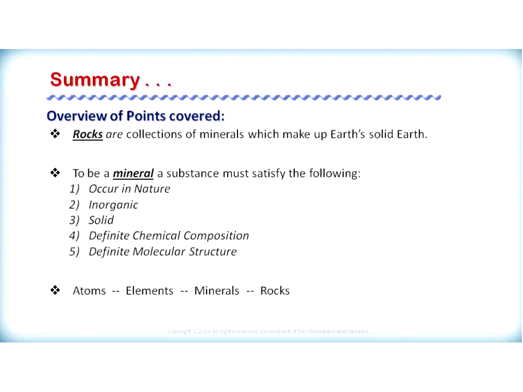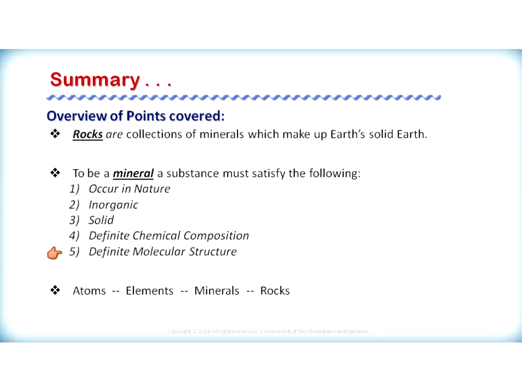In summary, rocks are collections of minerals, which make up Earth's solid earth. To be a mineral, a substance must satisfy 5 conditions. It must occur in nature, it must be inorganic, it must be a solid, it must have a definite chemical composition, and it must have a definite molecular structure.